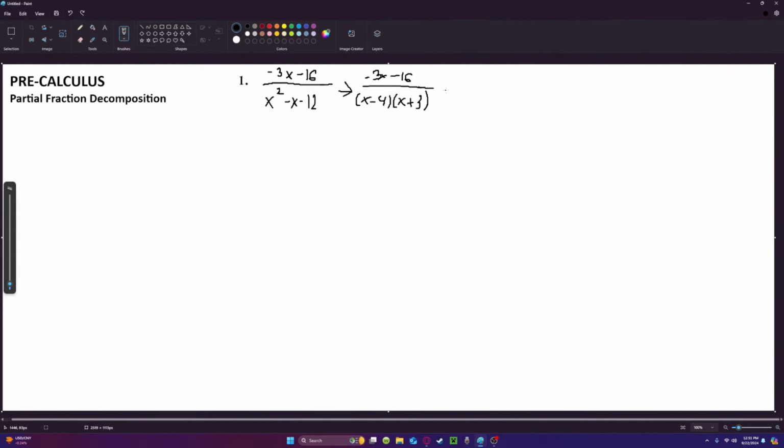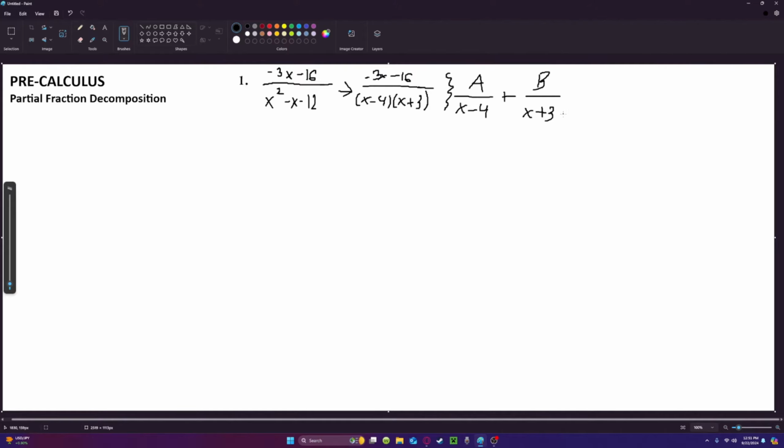And because we want two fractions adding together, the way to write this would be A over x minus 4 plus B over x plus 3. Now the A and the B are unknowns. That's what we're going to be searching for in order to complete this. But we have the A over the x minus 4 and then plus the B over the x plus 3.